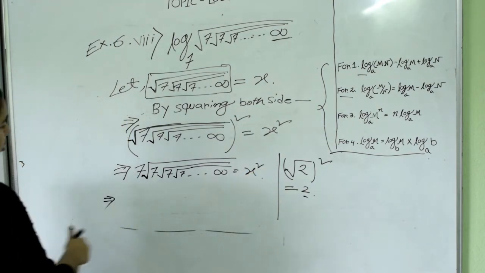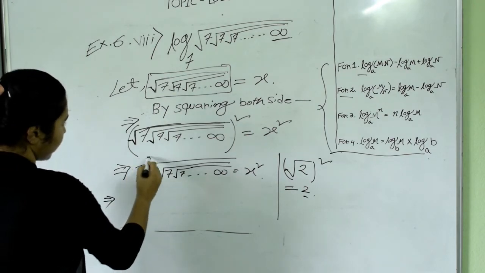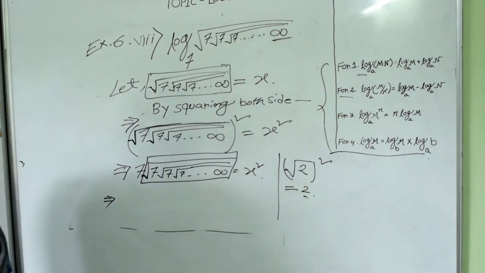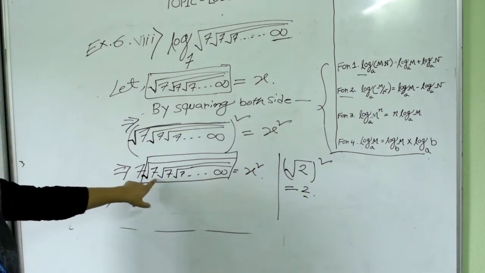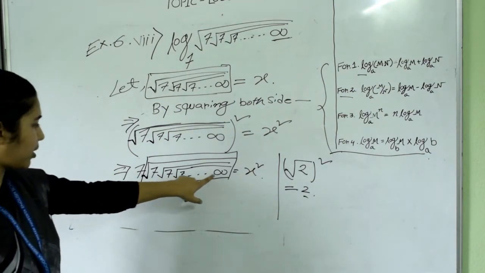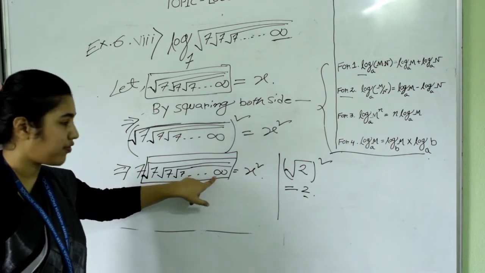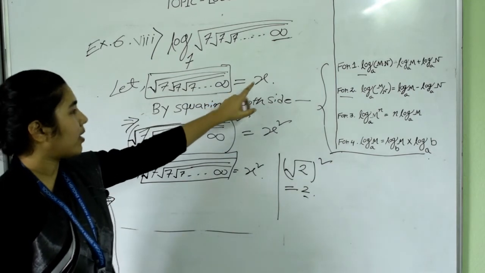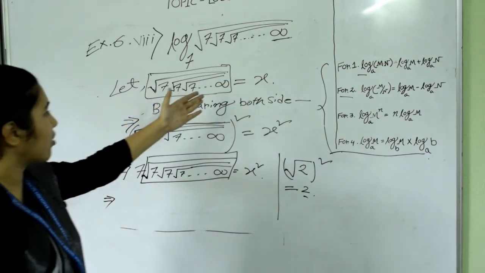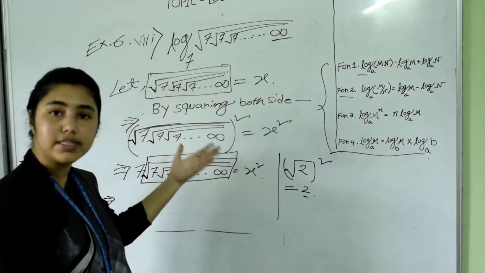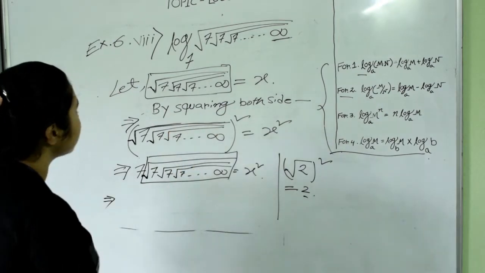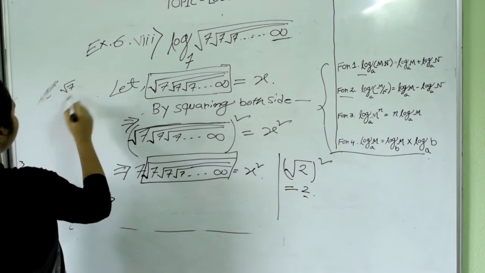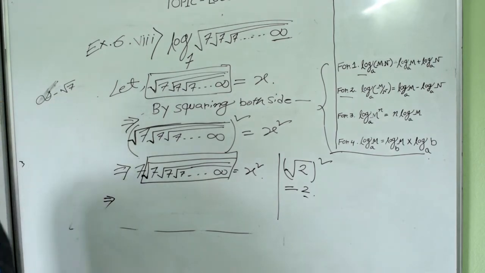Now what is the value of this term, which is root over 7 under root 7 up to what? Up to infinity. So the value is x. Why? Because if we take 1 or 2 values, it will remain the same infinity. That means we are taking 1 root over 7 from infinity, right?